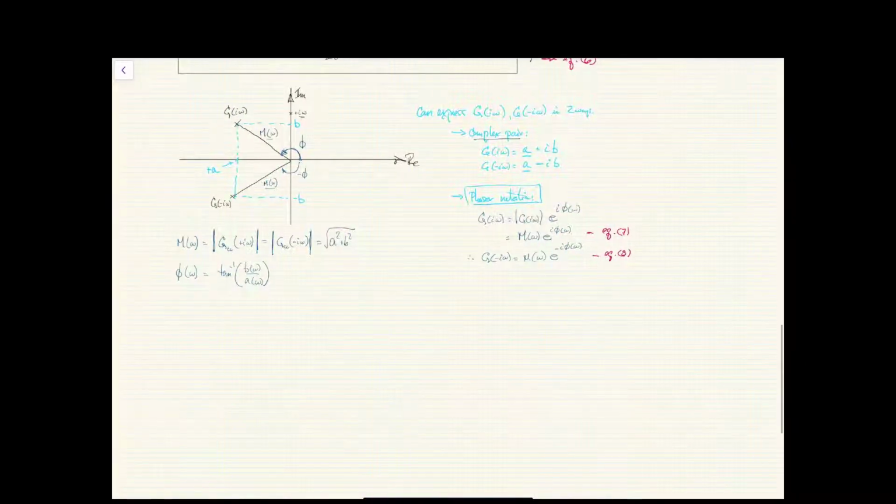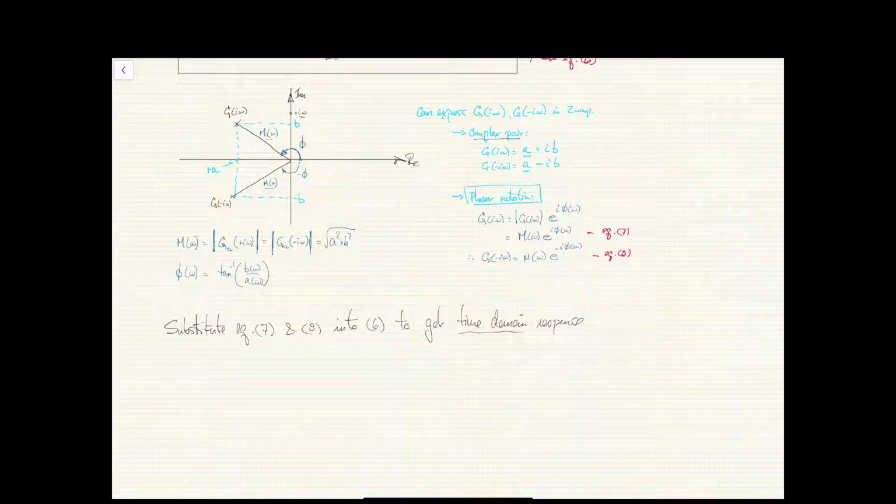So let's write that down. Substitute equations 7 and 8 into 6 to get time domain response.